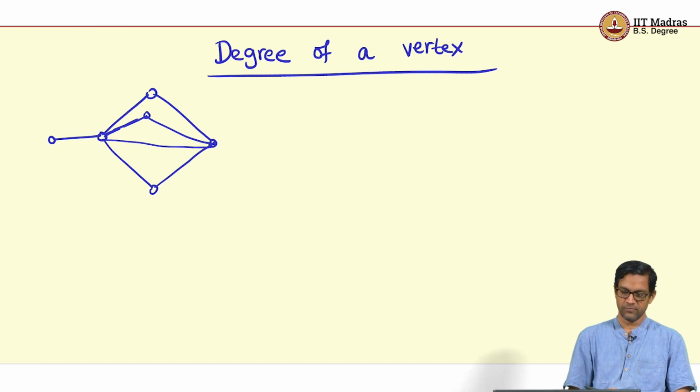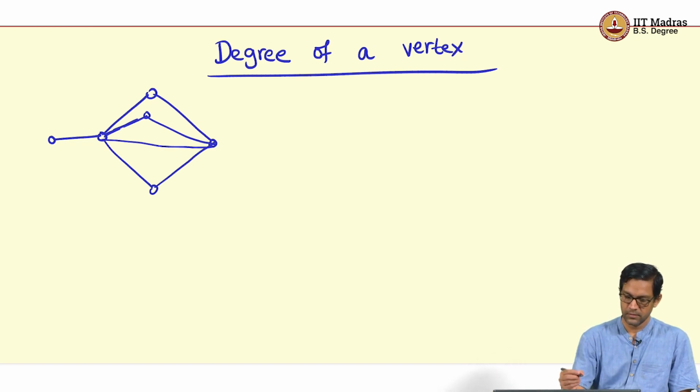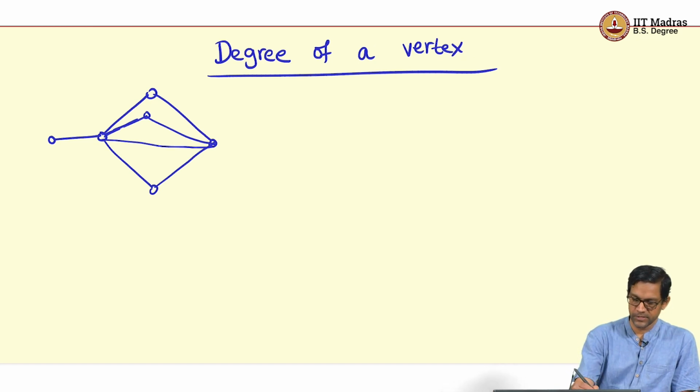Here is a graph with 3, 4, 5, 6 vertices, and for each vertex in the graph, its degree is just the number of edges or number of lines that meet at that vertex.